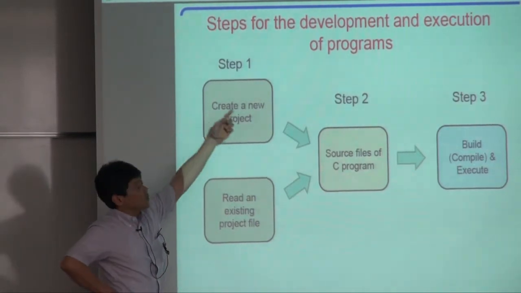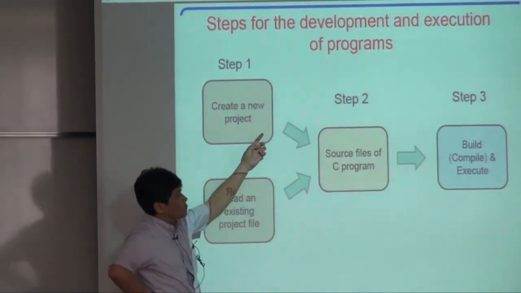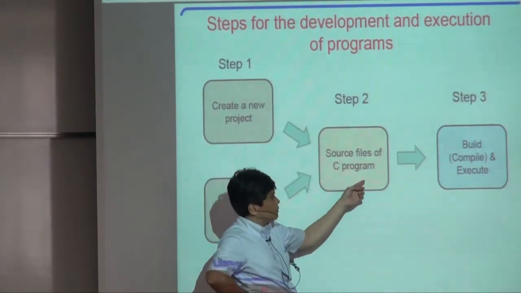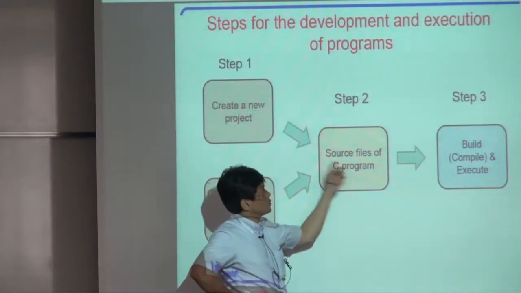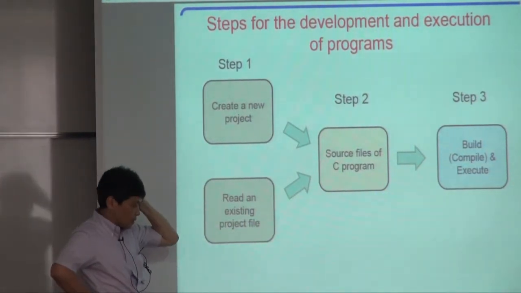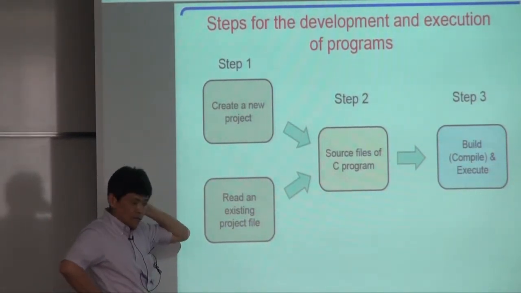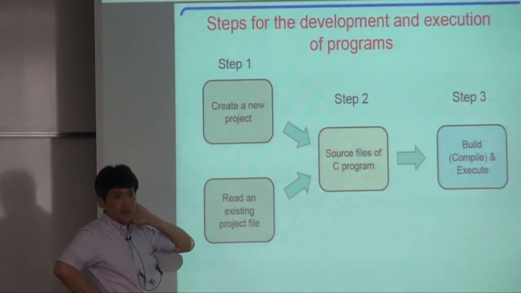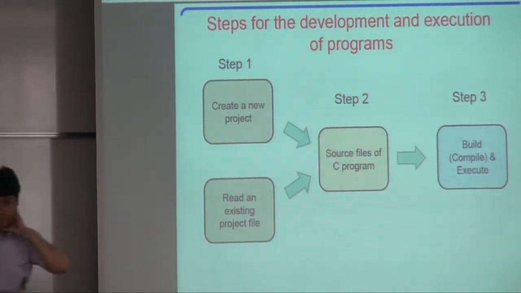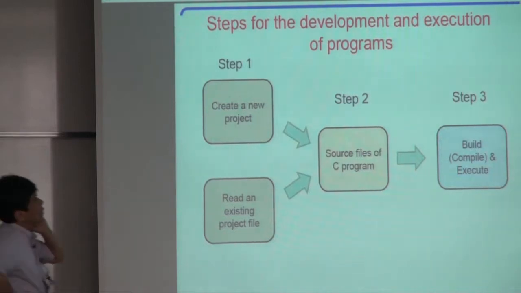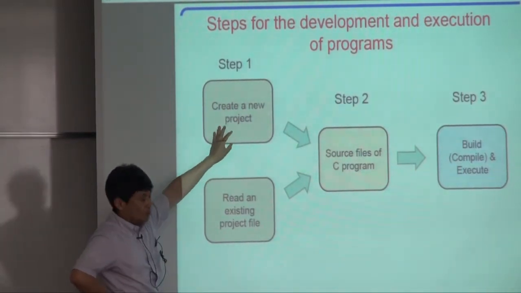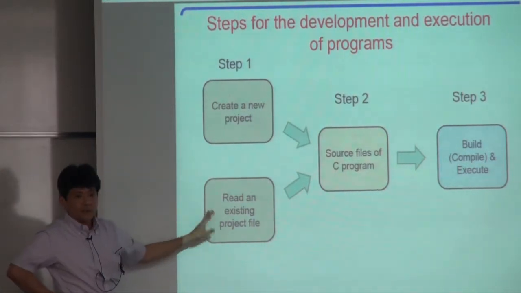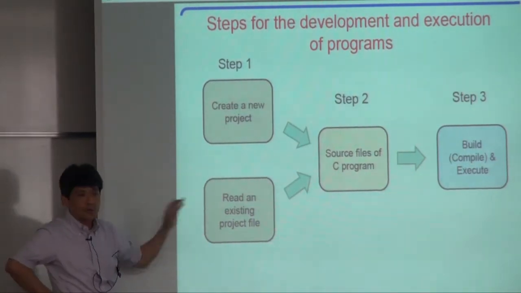First you have to create a new project, make up programs, compile and execute. You can execute these steps using the Visual C++ IDE. Once you have created a project, afterwards you can open and read the existing project file.